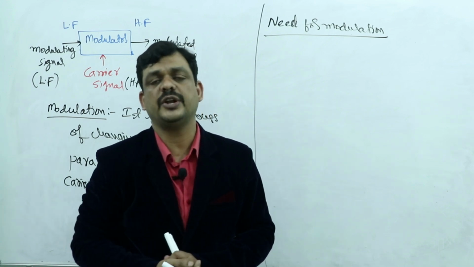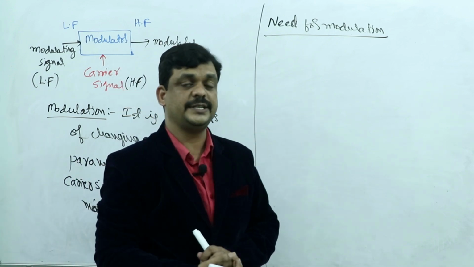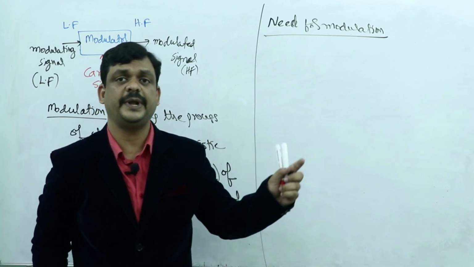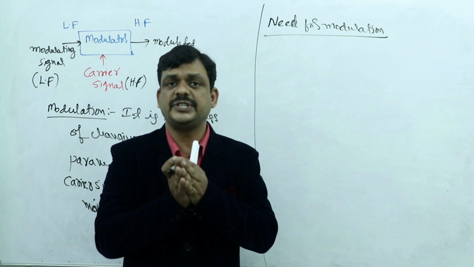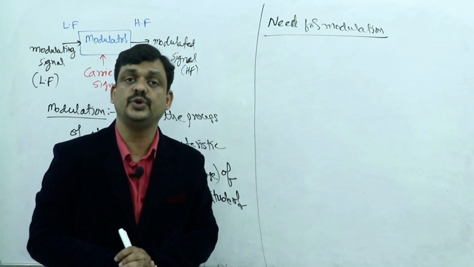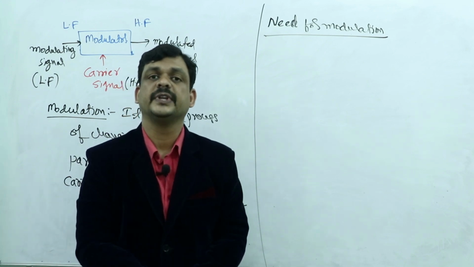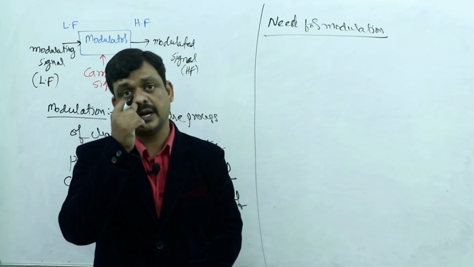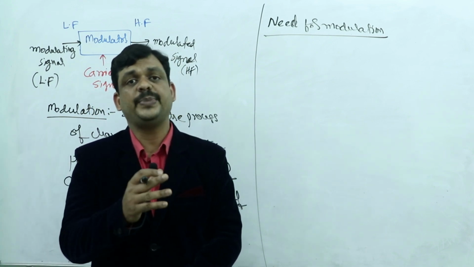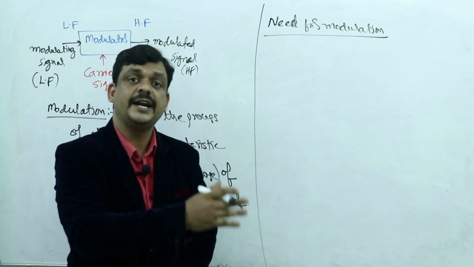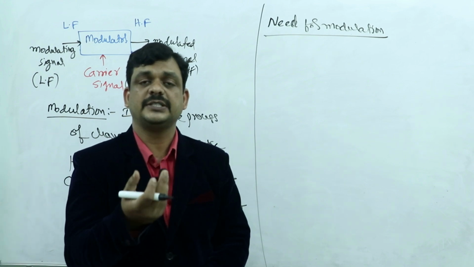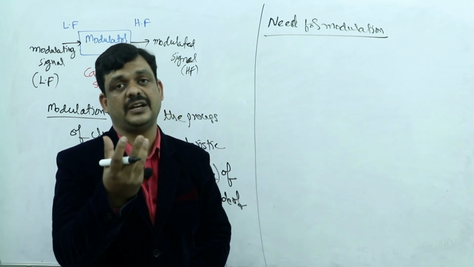If the same person wants to go up to 10 kilometers, between the source and destination, then he compulsorily has to use some transportation, either a bike or a car or a bus. And if the same person wants to go up to 100 kilometers, he compulsorily has to use some other transportation, that is a bus or train.